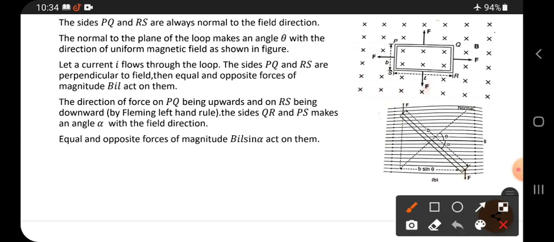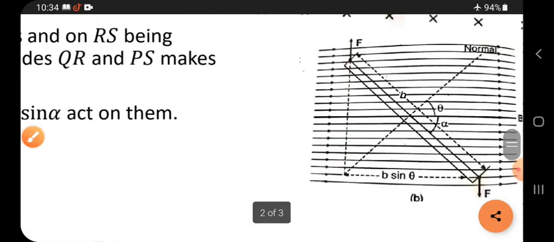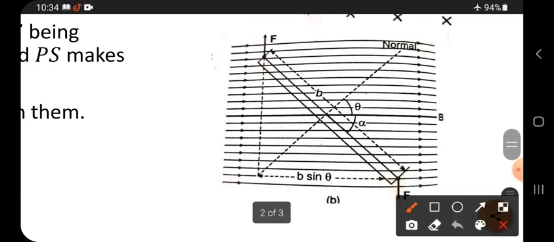And to this surface a normal line is drawn, and this normal makes angle theta with the field direction. Okay, see clearly. Which side is it? It is the b side, the breadth. Exactly to this, a perpendicular line is drawn, and this perpendicular line makes angle theta with the field direction.